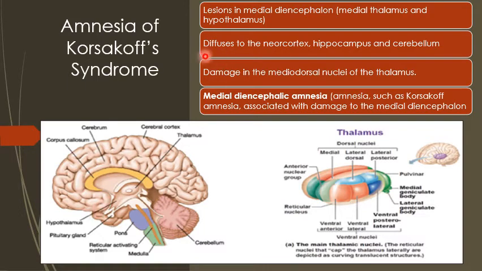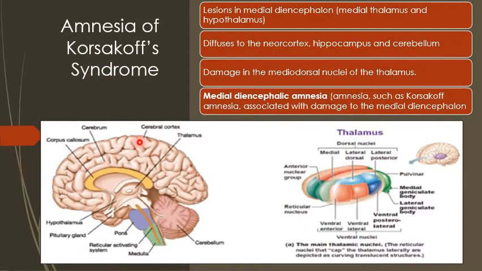And it also diffuses to the neocortex. So when you say diffuses, it spreads. Okay? So from here, it spreads to the neocortex. This is the neocortex. The cerebral cortex is also referred to as the neocortex. Again, based on the past lessons, it is neocortex because this part of the brain later emerged.